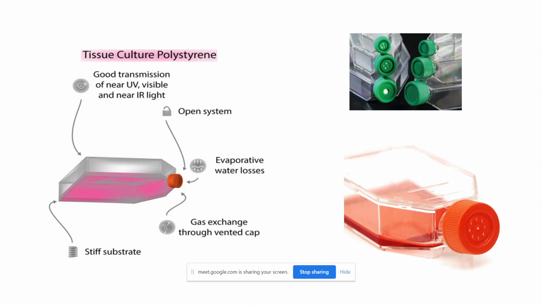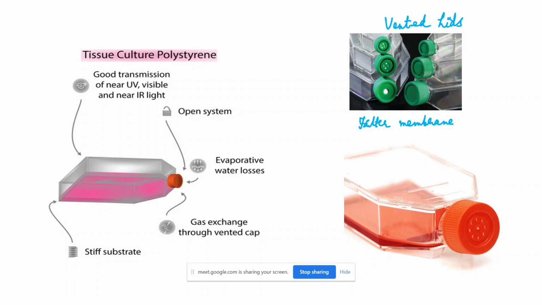So in the T25 or the T flask, we have different kinds of vented lids. Vented lids means, as you can see, there are some holes in the lid, and here we have a kind of filter membrane, which can be 0.22 micron; depending on the manufacturer, the filter membrane size can vary.